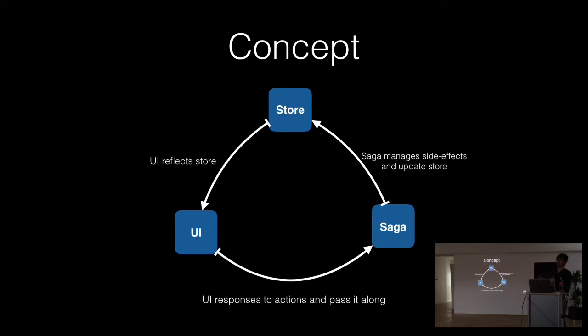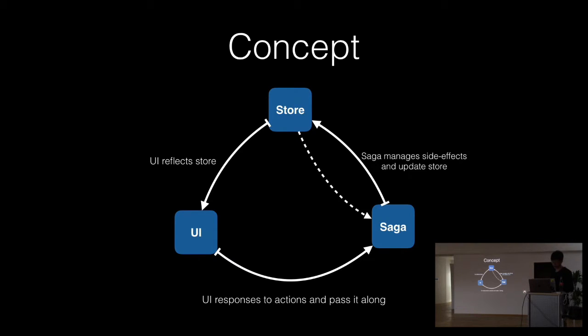And if you send a request, it's also a side effect because it's either timeout, 500, or success, or failed. You don't know that. So we use Saga to manage all the side effects, and we wrap them really well. And when the side effects are managed, we update the store, which means everything is in a really controlled way. If you see our code, we don't have nested callbacks, and our code is really easy to understand.